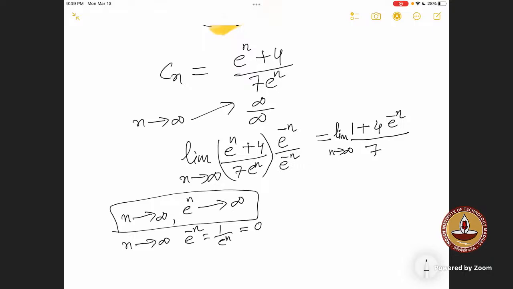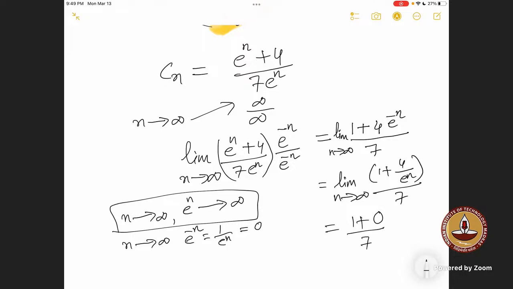So this is limit n tends to infinity 1 plus 4 by e power n by 7. 4 by e power n will become 0. So this will be 1 by 7. Because e power minus n is 1 by e power n, again the denominator is growing, so obviously it will tend to 0.